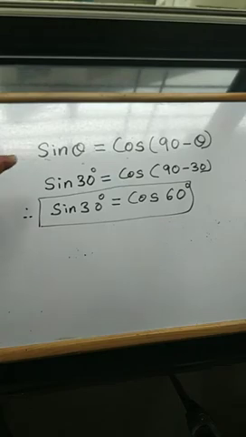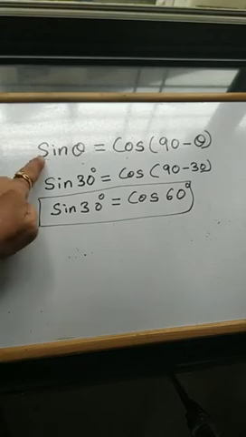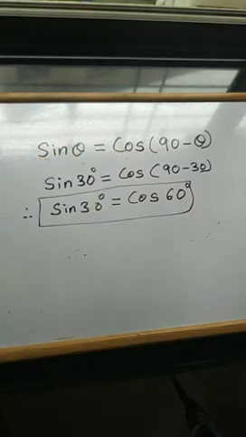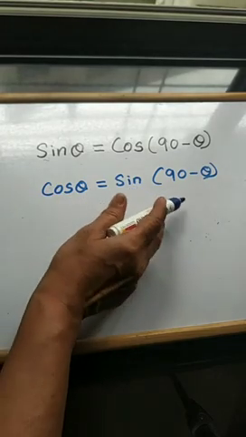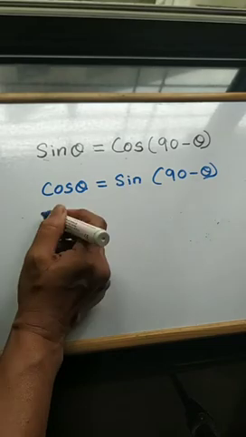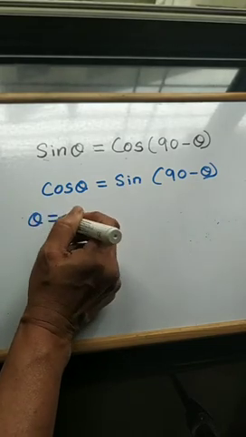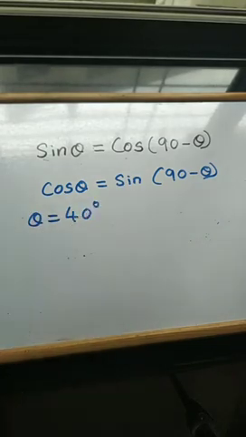So this is the relation between sine and cos. Exactly the other way around is the cos and sine relation. Here it will be cos and here it will be sine. Okay. So cos theta is equal to sine of 90 minus theta. Suppose theta is equal to 40 degrees.